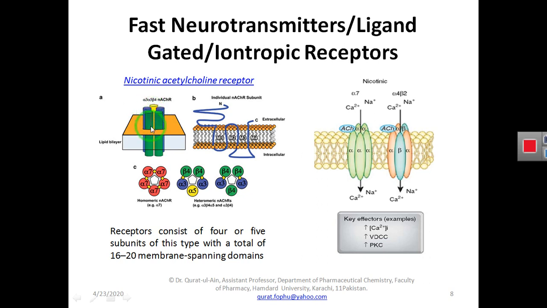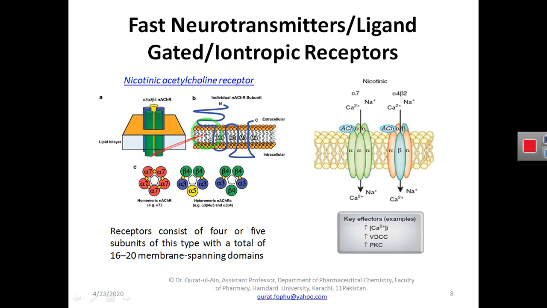This receptor is embedded in the plasma membrane, and the subunits arrange themselves so that they form a channel from which ions can easily pass from outside the membrane to the inside.